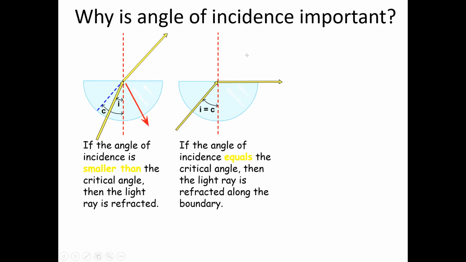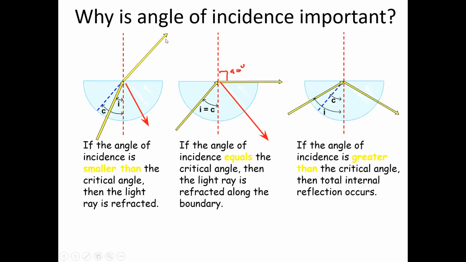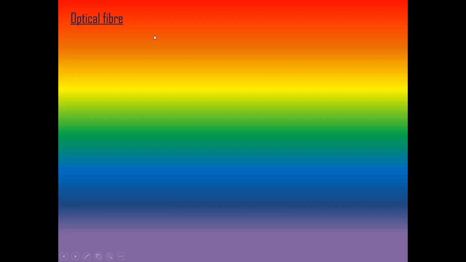If the angle of incidence is equal to the critical angle, the light will travel at 90 degrees. And if the angle of incidence is more than the critical angle, then we'll observe total internal reflection. All of the light will reflect back in the same medium.